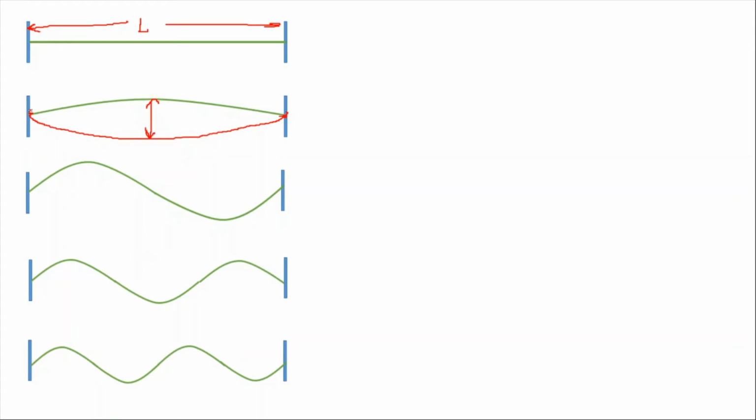So as you see, the length is L, and here the smallest wavelength, I mean this is actually going to be the largest wavelength, lambda 1. I'm going to call it lambda 1. Lambda 1 over 2 will be equal to L, because this is a half wavelength.